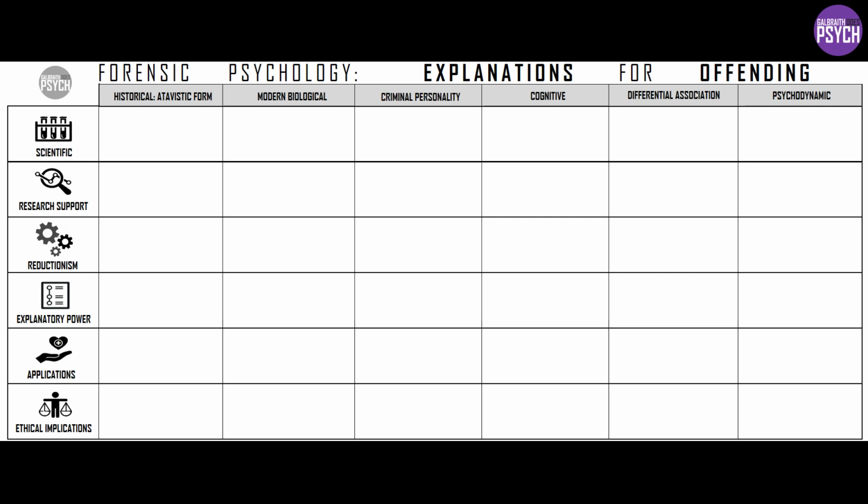Because I can go along the grid and say, maybe I've picked modern biological and I've picked cognitive. And I could look at them and go, okay, one is more scientific than the other. Or one has greater applications than the other. So it's really helpful for comparison as well, to be thinking about these sorts of themes.